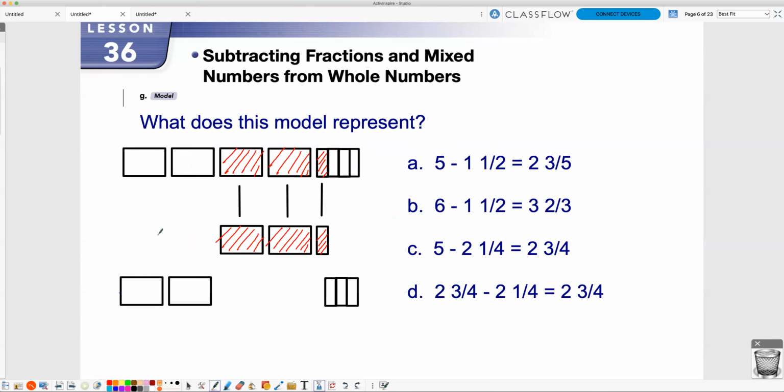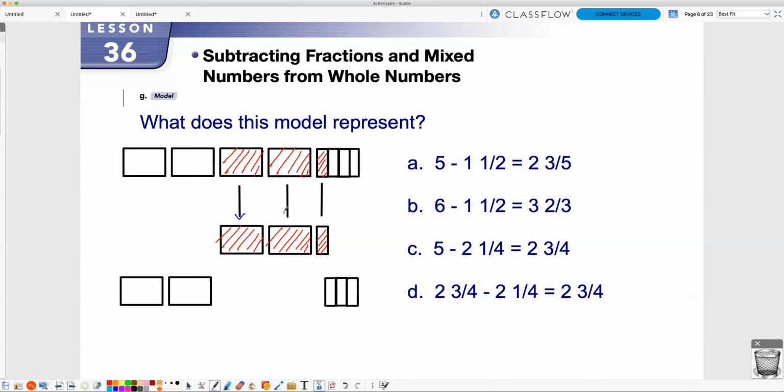All right, letter G. What does this model represent? Does this model represent 5 minus 1.5 equaling 2 3/5?